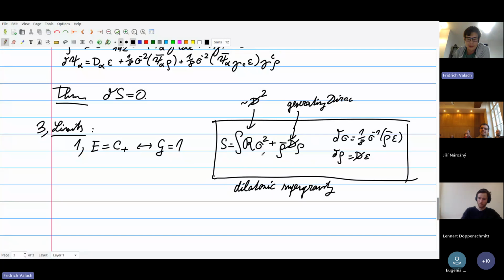It's non-trivial in the sense that symmetries don't close off shell, so it's a soft algebra. It has high reducibility, so it has all these kind of nasty things, but in a very good manner. So it's a very good playground to study things.